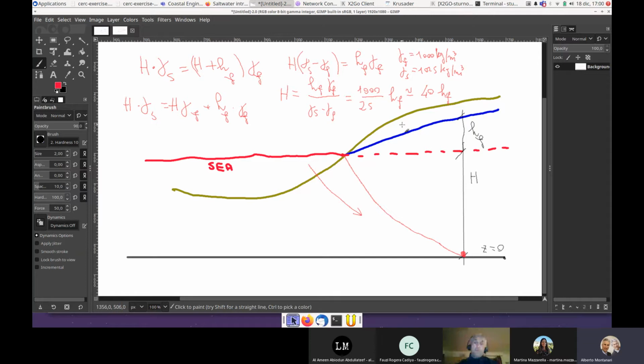Now, some considerations. First, you see that it is indeed interesting that if I get, for instance, an elevation of fresh water which is 1 meter above the mean sea level, I can push salt water 40 meters down in the deep ground. So it really matters if I have an elevation of fresh water above mean sea level in order to keep saltwater intrusion limited.